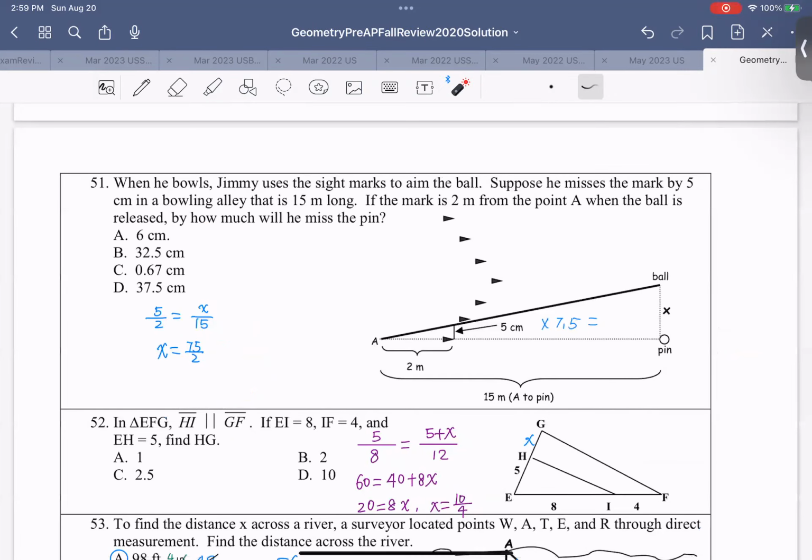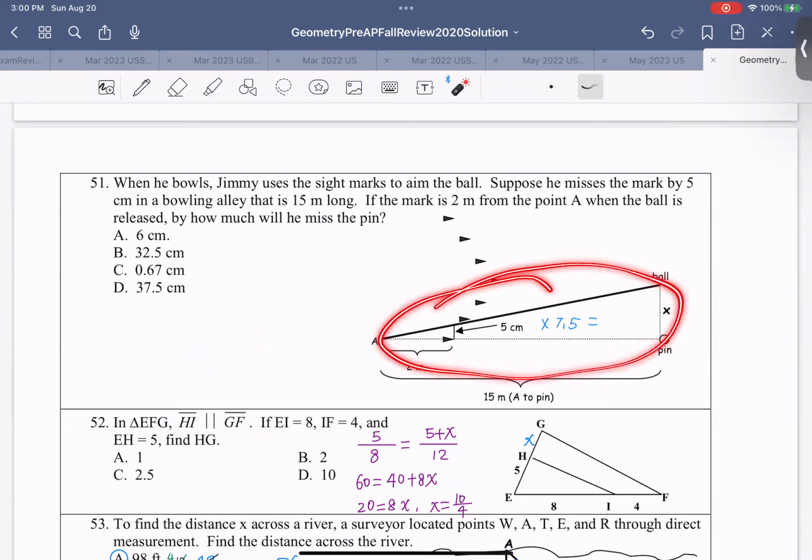51. Chloe, look at here. The similar triangles. Can you please give me an equation? Chloe, you haven't unmuted yourself. Yes, sorry. Let's do the equation. Do I read the question?